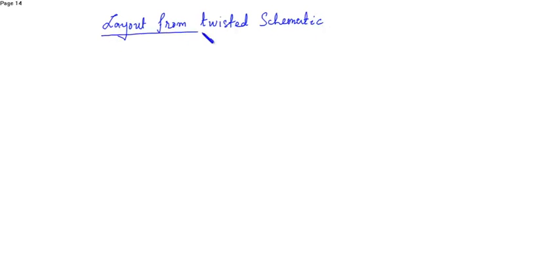Layout from the twisted schematic diagram. First we have to draw the 3 PMOS in Magic, the layout. The PMOS is constructed by the N well and then the P diffusion.